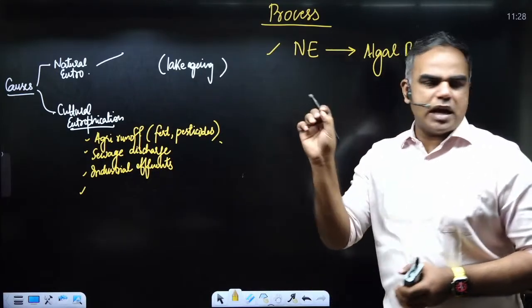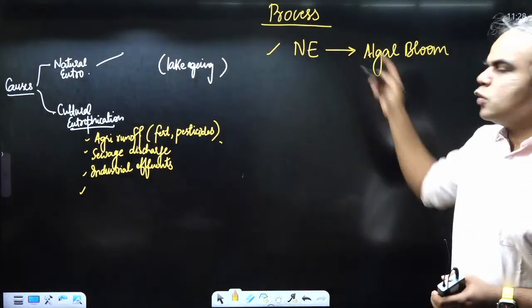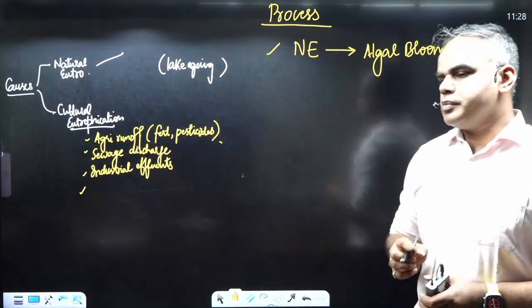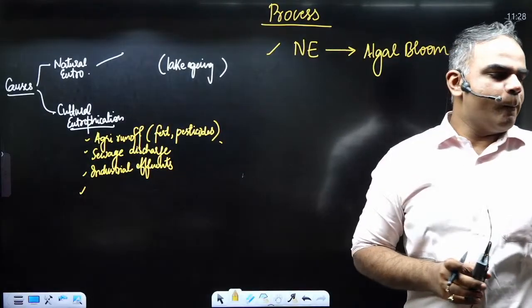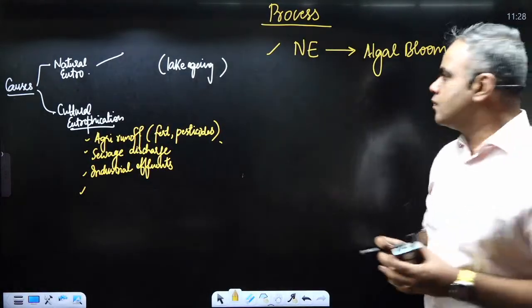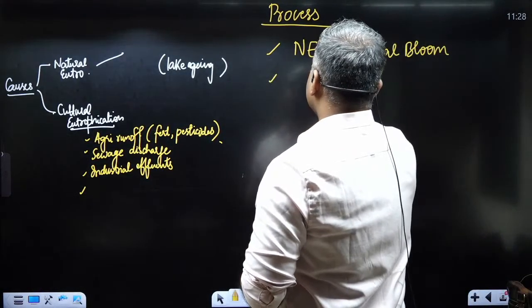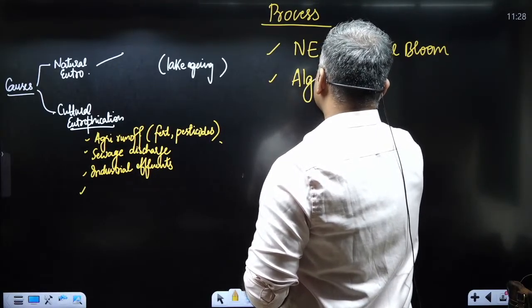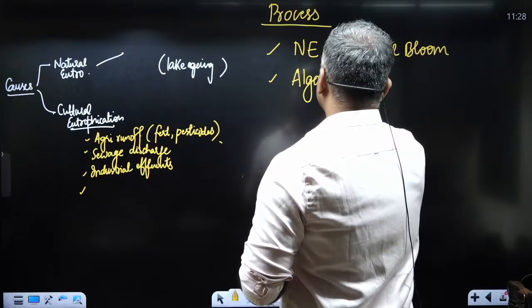Nutrient enrichment dash करके या you'll make an arrow leads to algal bloom. And of course you can write the algae die.